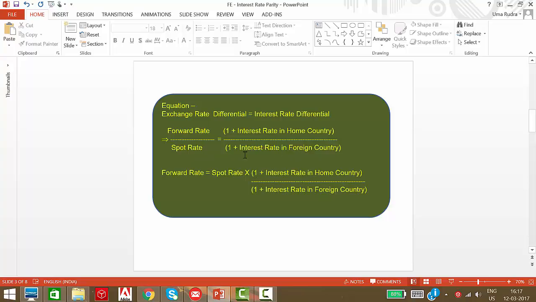From that equation, simple math, I can get forward rate, which is nothing but spot rate into 1 plus interest rate in home country, that's the numerator, divided by 1 plus interest rate in foreign country. So this way we can ascertain forward rate.